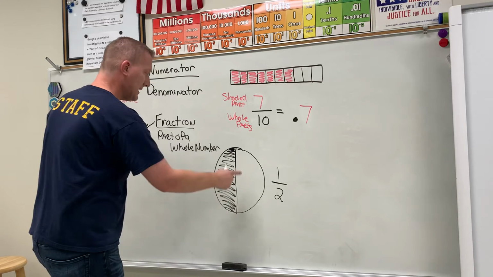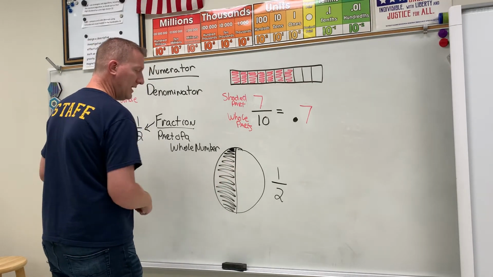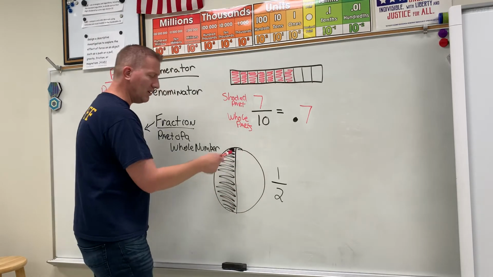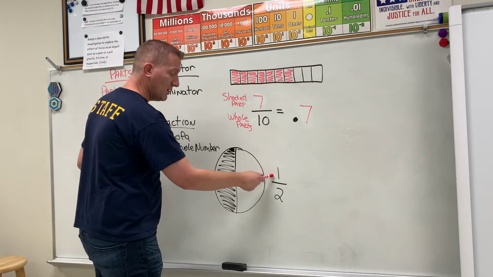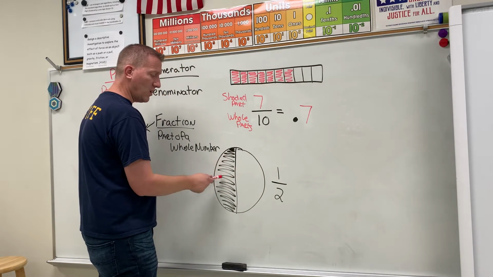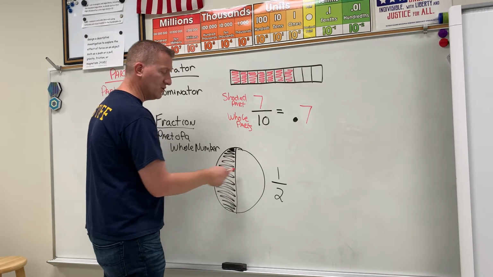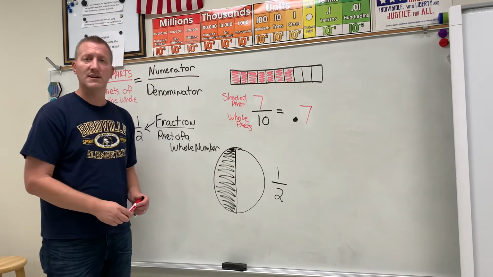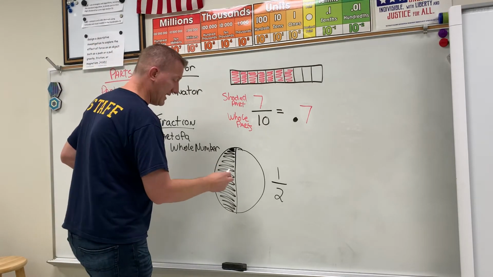Okay, let's take a look down here. We see a circle, and I cut it in half, didn't I? So you would say that this is 1 part shaded out of 2 parts, correct? Yeah, it's 1 out of 2. Most people would agree with that.